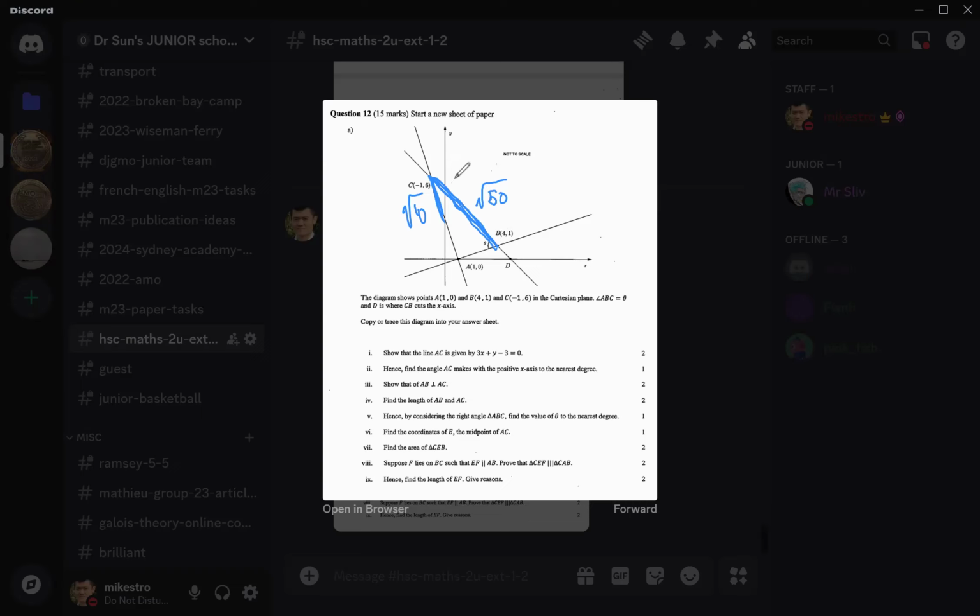And theta is 63. So the angle is equal to 27. So you did half sine something? Half times root 10 times root 50 times sine 27. So sine 90 minus theta. Yeah.